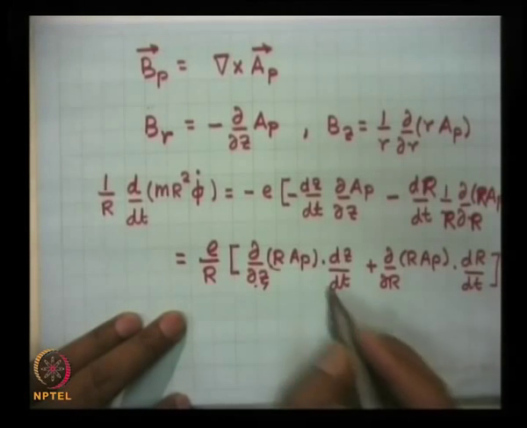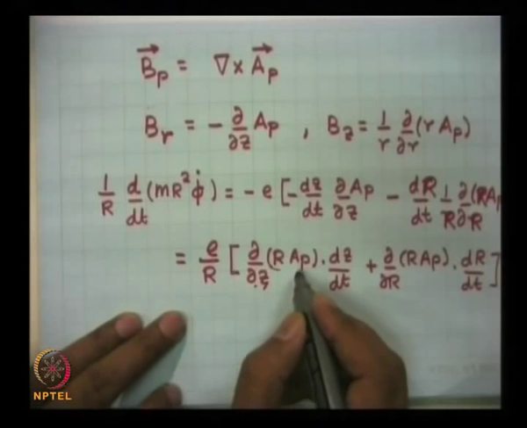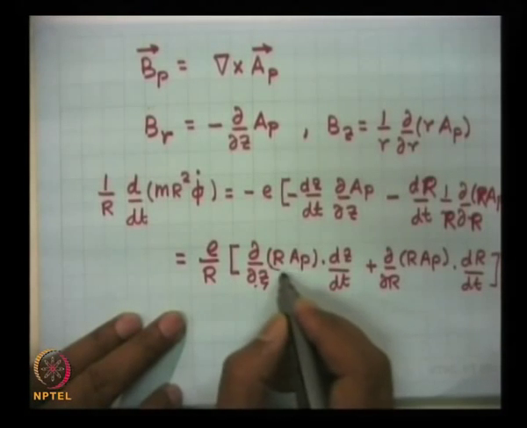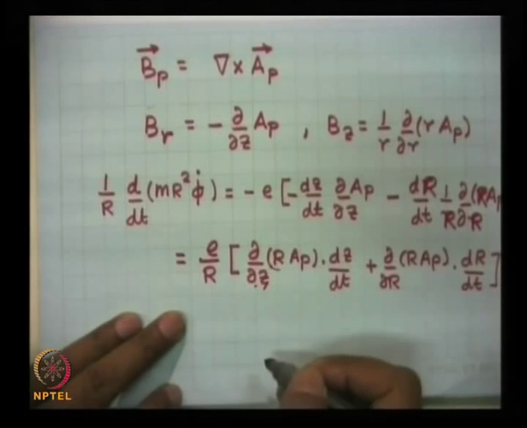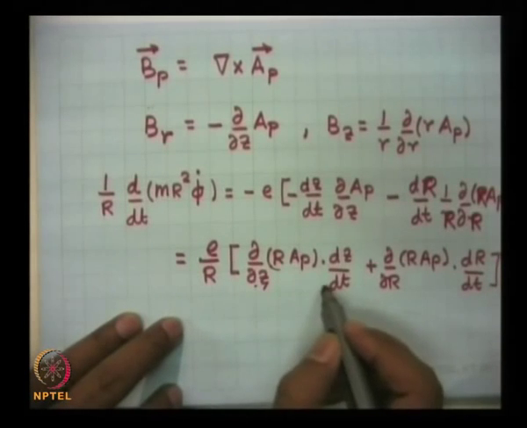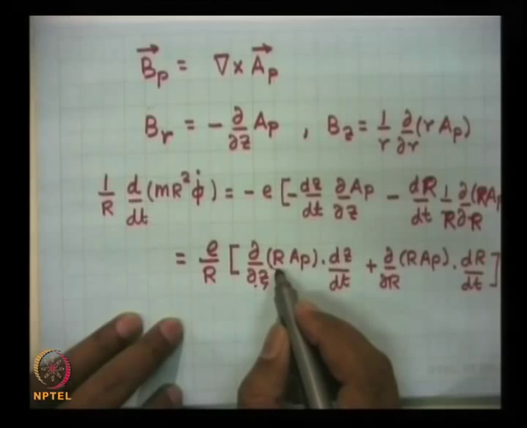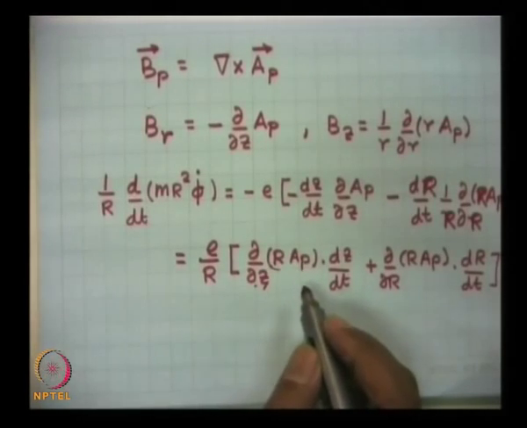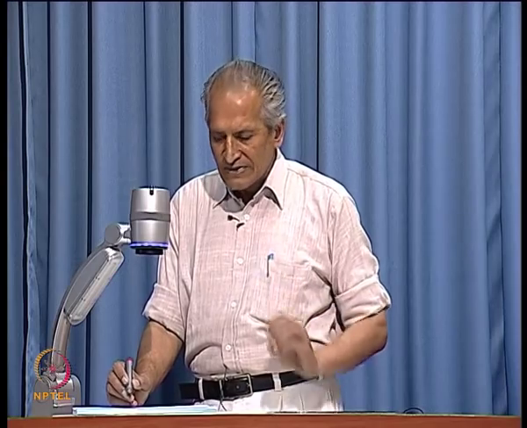You may treat this as a full derivative of R AP with respect to time, because AP does not depend on time explicitly; it depends only on R and Z, and there is no phi dependence.